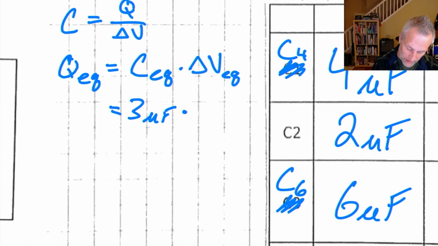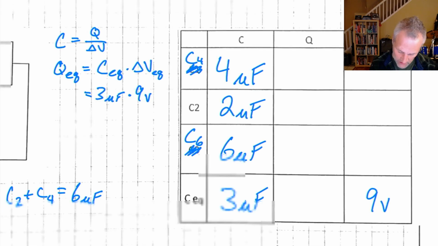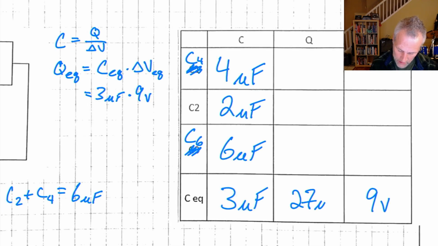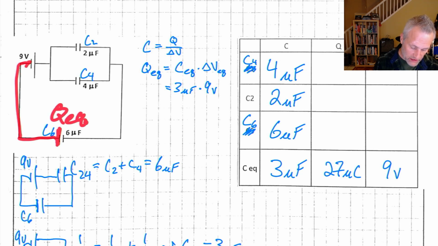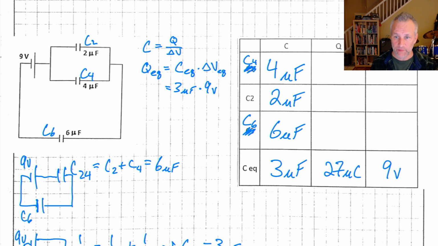That's going to be 3 microfarads times 9 volts. And that's going to give me 27 microcoulombs. Now that I know that's 27 microcoulombs, this plate right here, which is connected straight back to the battery, has to have Q EQ because it's the only plate. So I know that this is going to also be on C6, 27 microcoulombs.